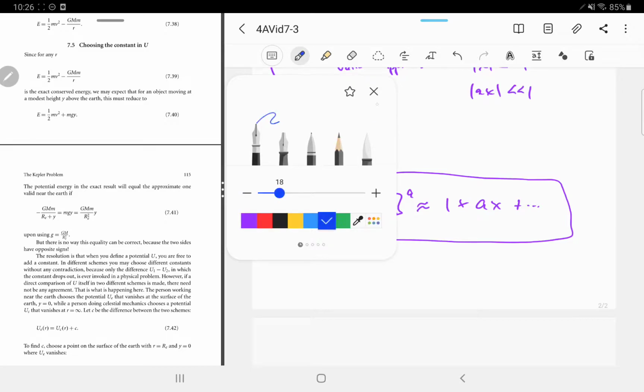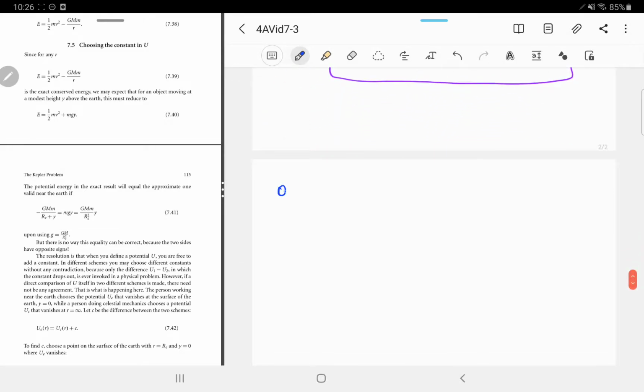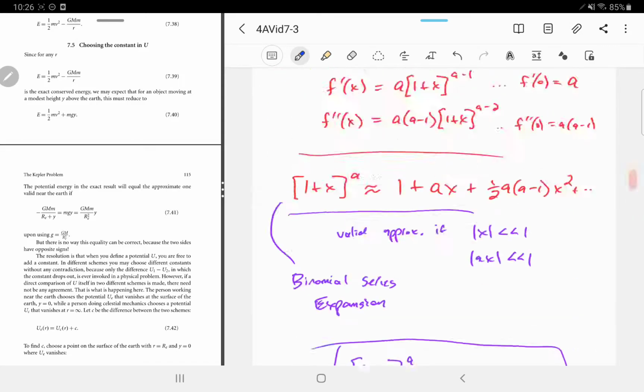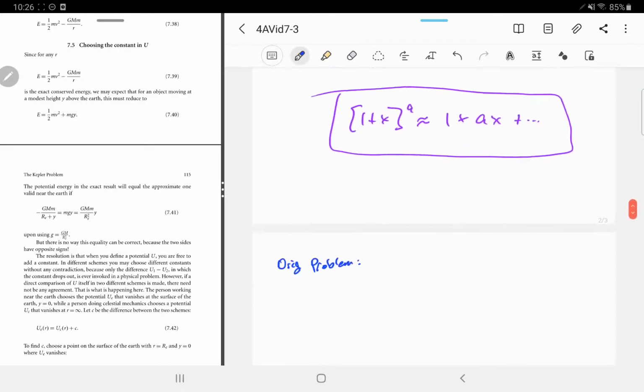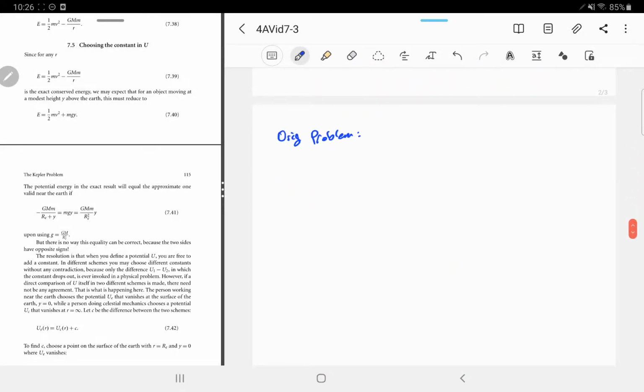Okay, let's see how this works out for our original problem. If you were to increase your distance to the center of the Earth by 0.10%, and we're asked about the weight. Okay, let's see here. Your weight is mg, right?